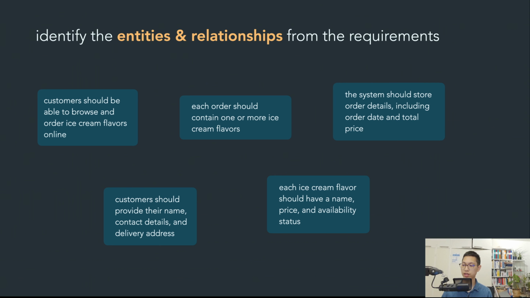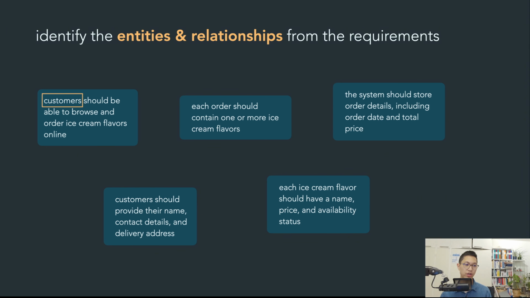Okay, so entity, a business object, it could be an actual physical object. For example, customer, that's a business object. However, this is physical, right? They exist. The order also exists in the business, but it's not a physical object.